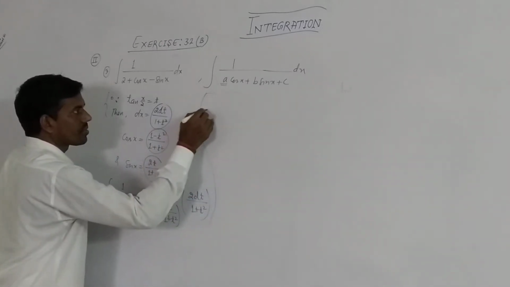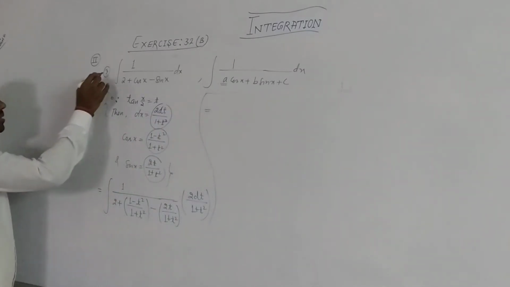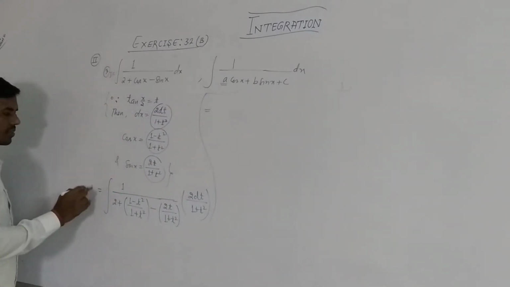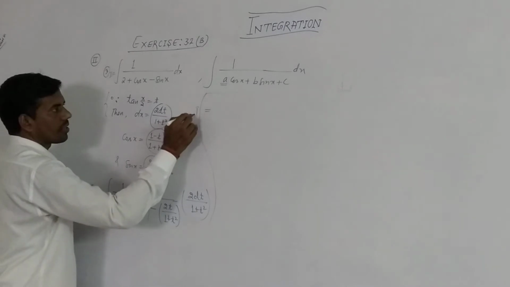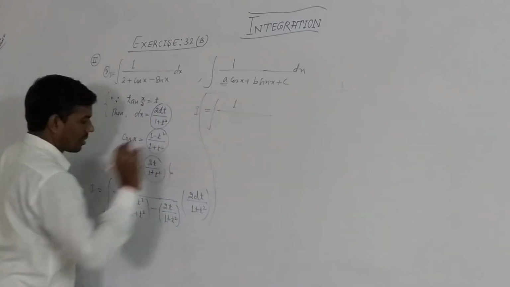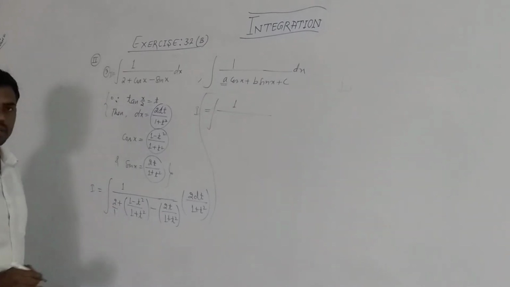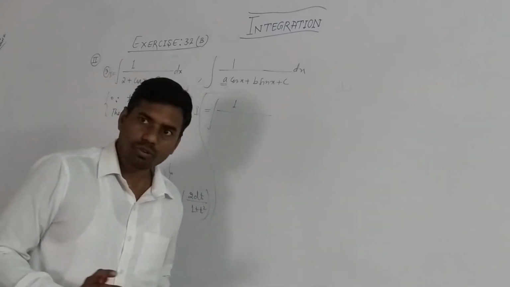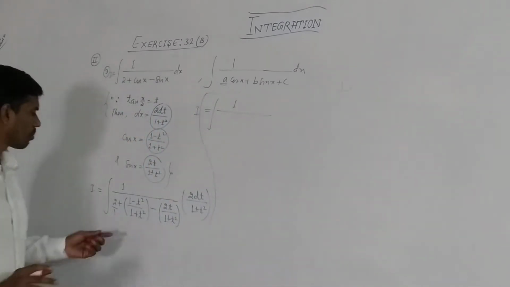Okay students, any problem? Let this one be I, so I is equal to the integral of 1 upon 2, meaning 2 can be written as 2 upon 1.